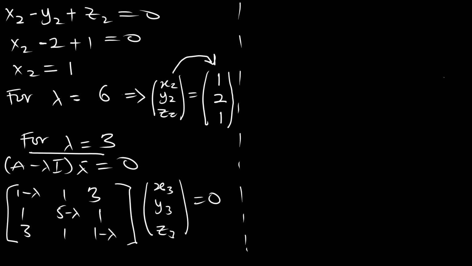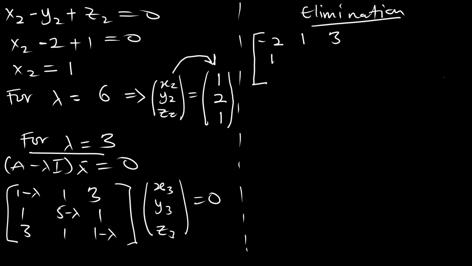Now we can put in the value of lambda is equal to 3, and I'll start with the elimination method. So putting in the value of lambda, this is what we are going to get. And this is going to be negative 2, 1, 3. We have 1, 2, 1. We have 3, 1, and negative 2.